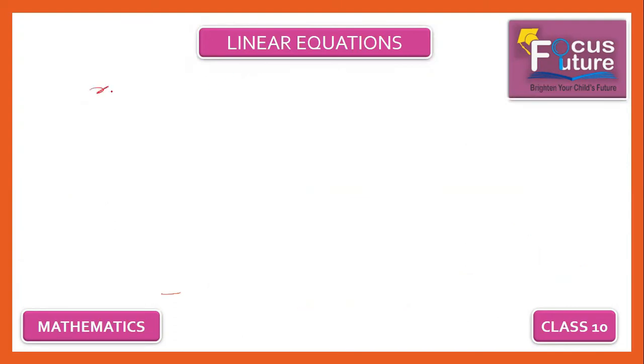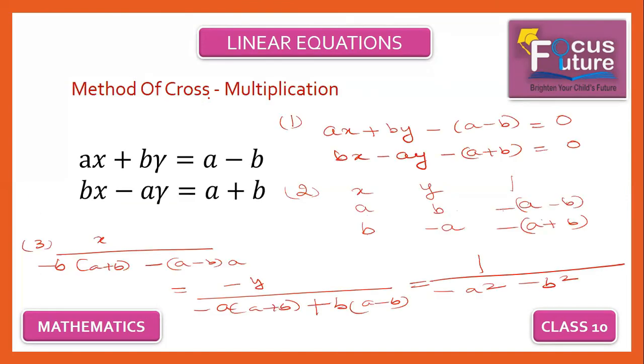X divided by what? X divided by b, take b inside, minus b into a minus ab and minus b square.